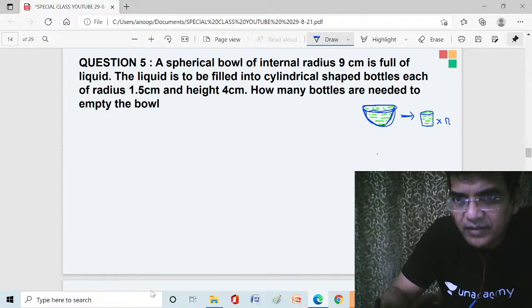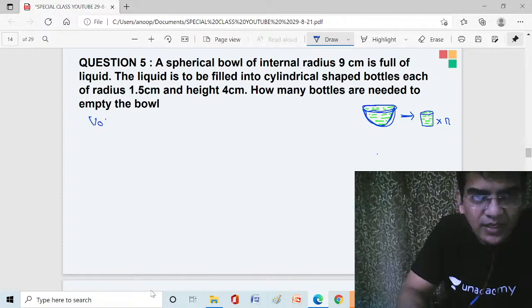So we can equate their volume. First, I will calculate the volume of this hemisphere. So let me calculate the volume of hemisphere.